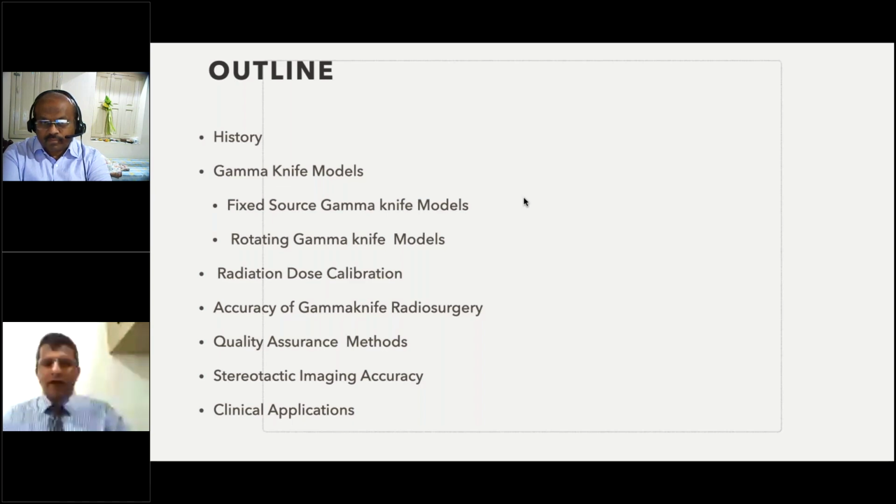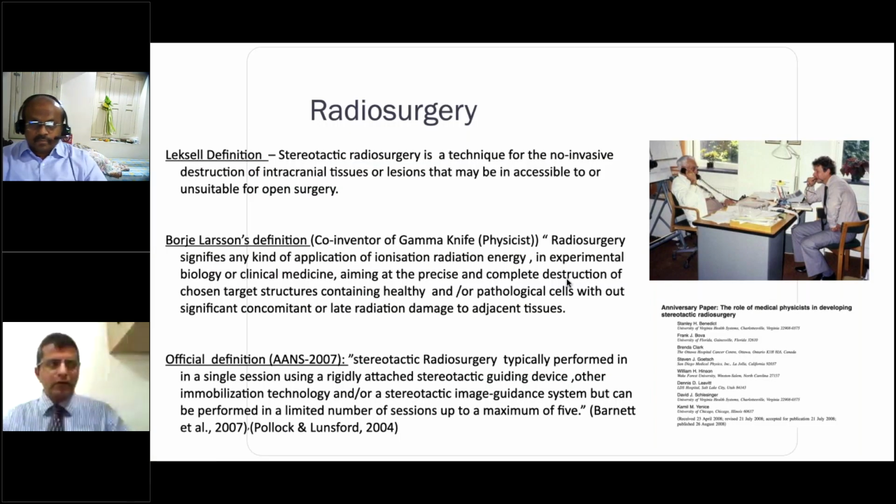Radiosurgery has an official definition, modified in 2007 by the American Association of Neurological Surgeons. But it was defined by Borje Larsen, a co-inventor of gamma knife, as a technology with proper immobilization devices and targeting devices, with a full definition many years back.